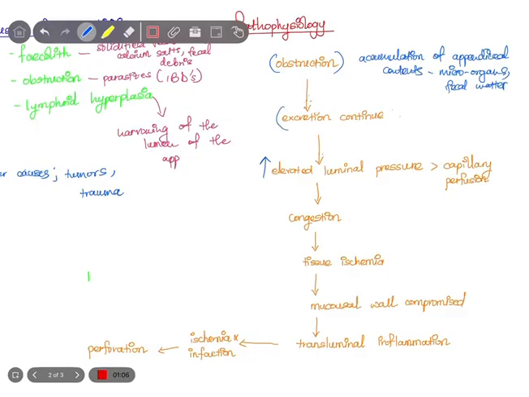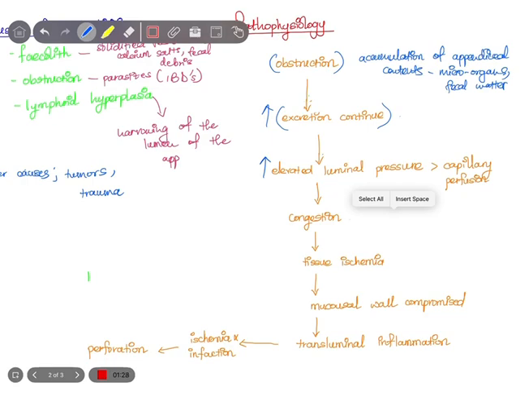At the same time, secretions continue also. That means the contents of the appendix, or luminal contents, continue to increase because there is no drainage. It can no longer drain back into the cecum.